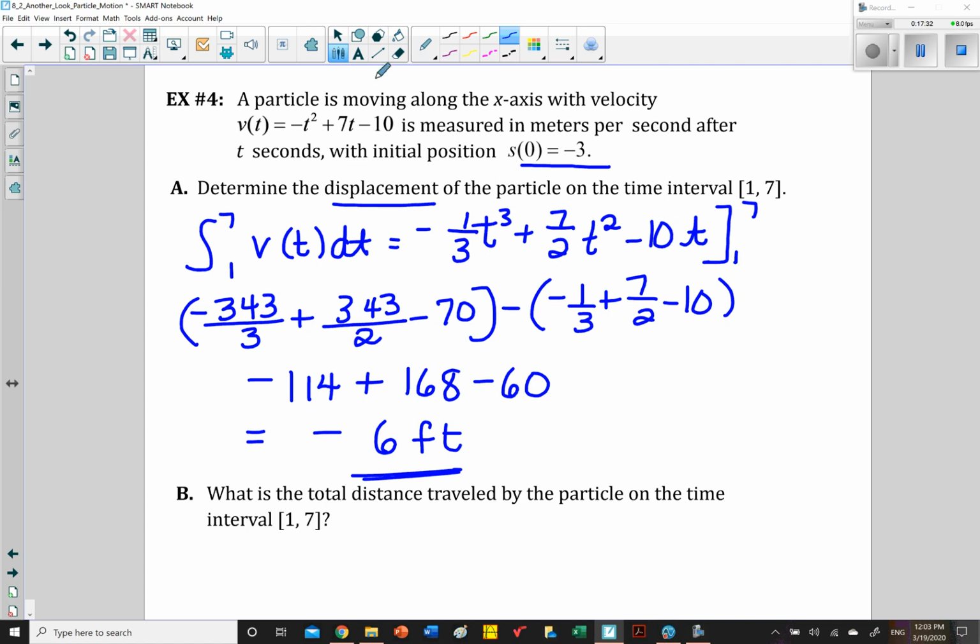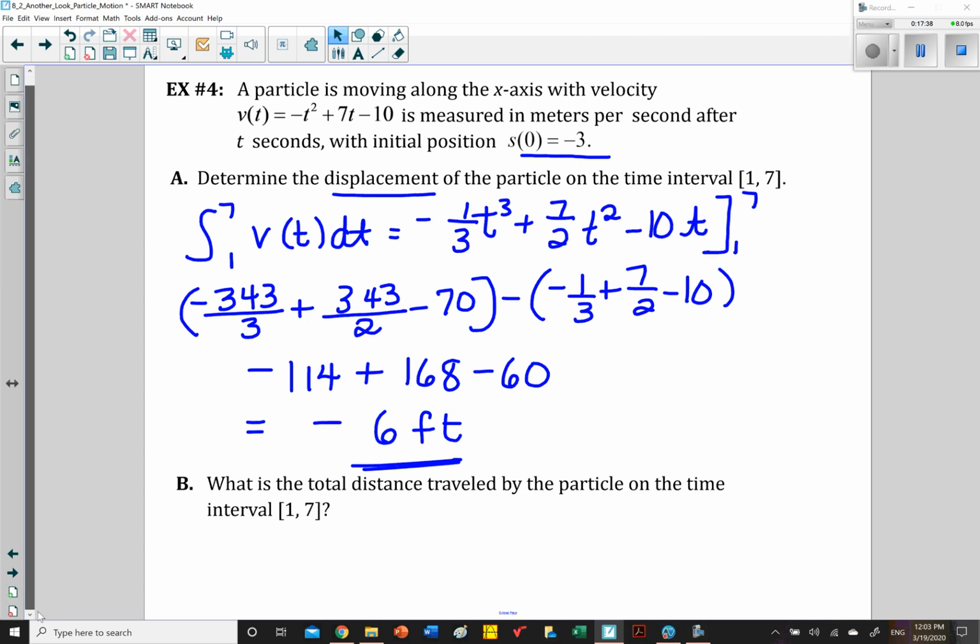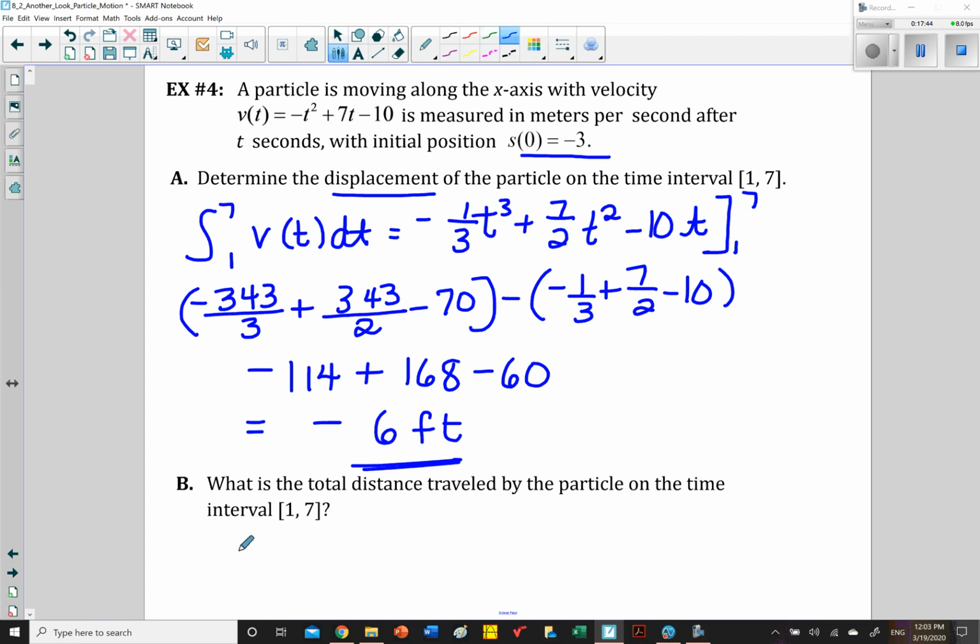And then what's the total distance traveled by the particle on the time interval? So that would be absolute value. We want it from 1, and we've got to consider where that graph becomes negative.